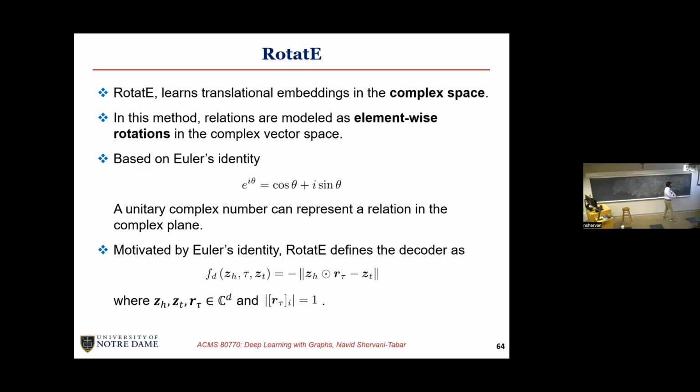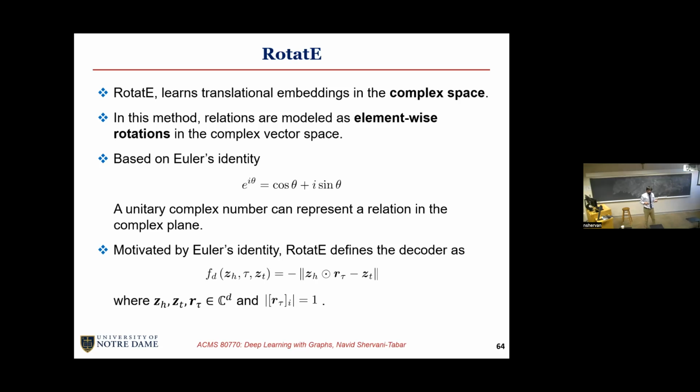So in order to do that, what we do is that we take our node embedding, the head node embedding, and we rotate it according to our edge embedding. We're representing the edge embedding using our tau here. And when I do that, I now compare it with the tail embedding that I want to translate to, right?